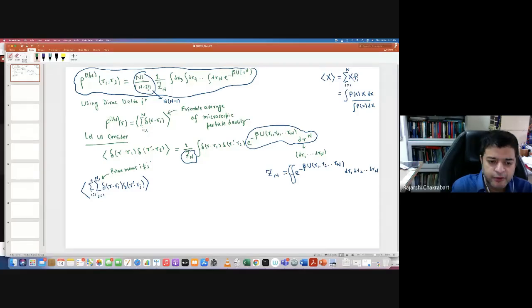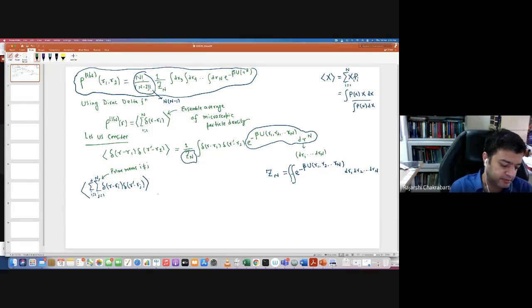Now if I do this, I have this structure shown here. What is the structure? Essentially, each term is like this, isn't it? Each term is like this. Okay. So actually, you can show that this quantity is actually what?